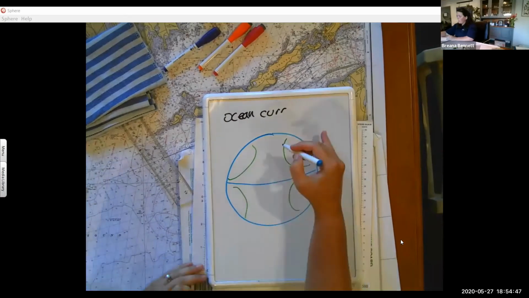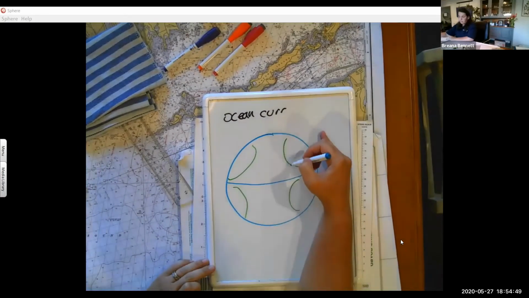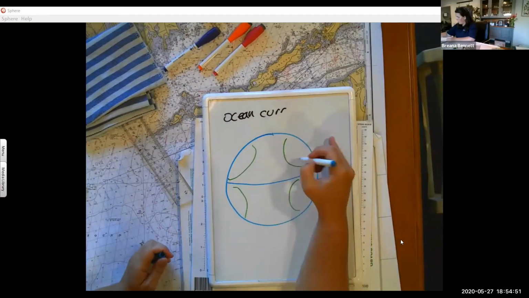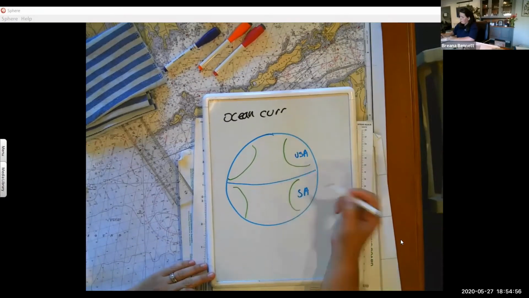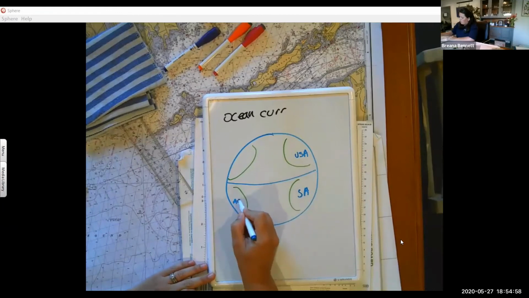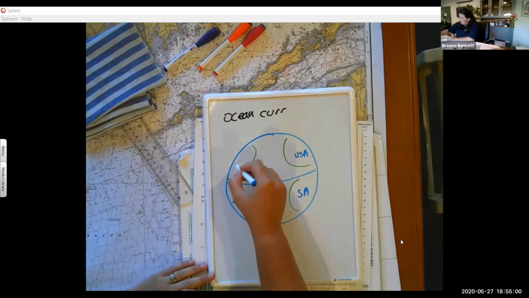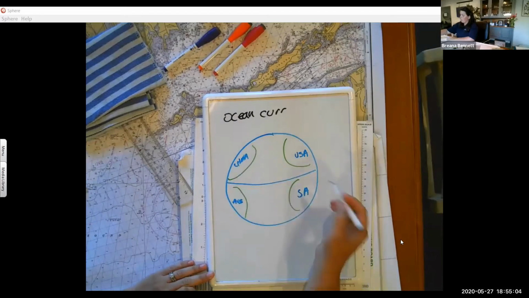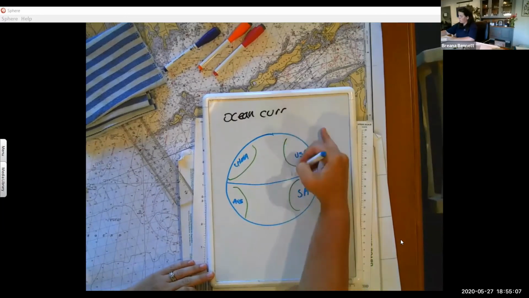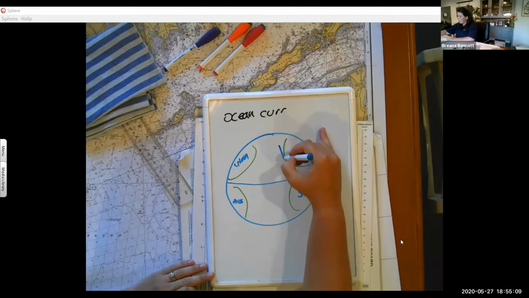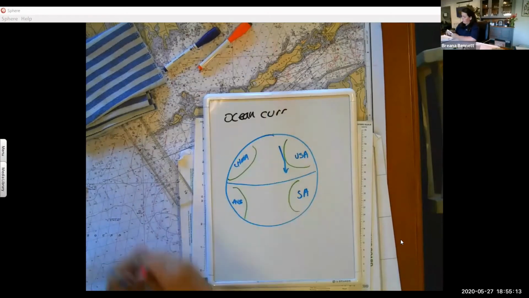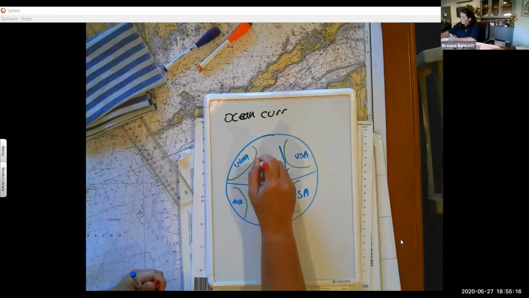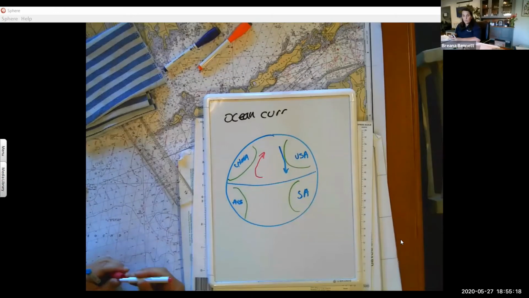So that current is cold, right? Because we have a cold ocean. So if this is USA, this would be South America, Australia, and China. So ours on our coast is cold, so it comes down cold, and then it gets warm, and it goes along China's coast when it's nice and warm.